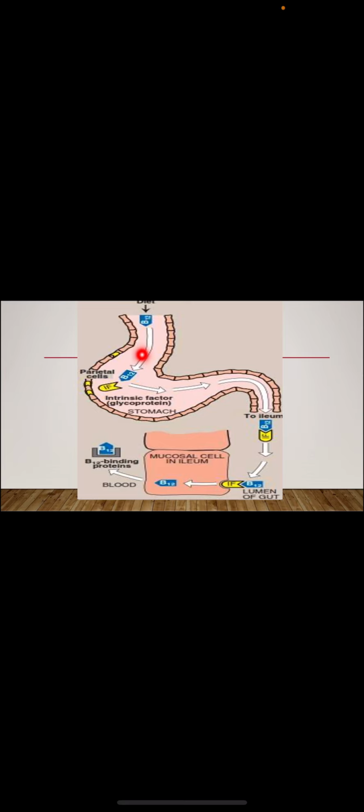This R protein with B12, when acted upon by pancreatic enzymes, gets detached from the B12. And then there is an intrinsic factor which is released from the parietal cells, which binds to the B12. Now this intrinsic factor B12 complex goes to the ileum.